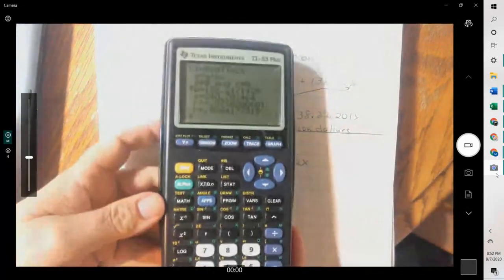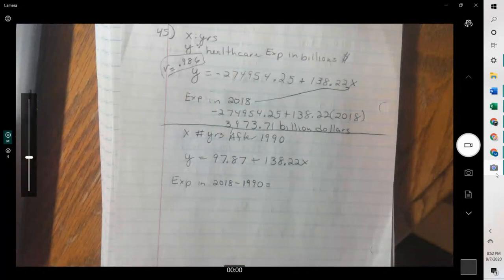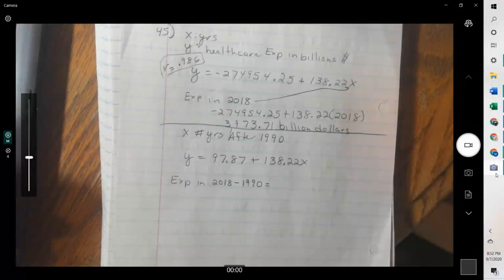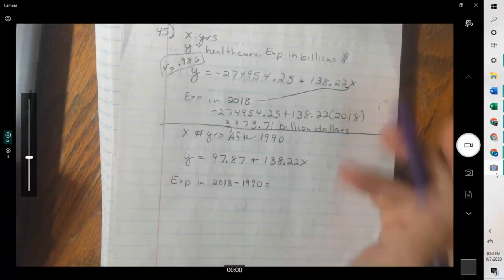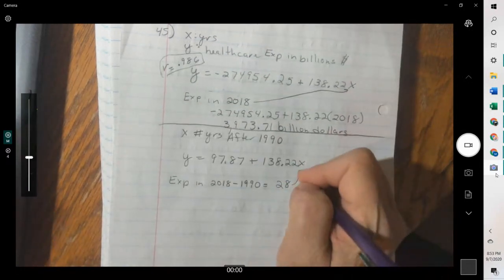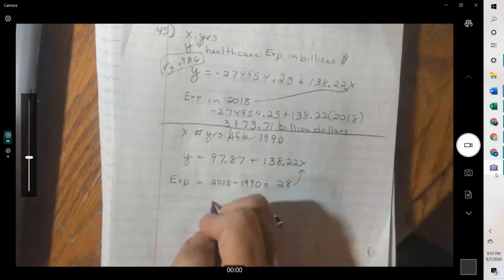Notice the answer is exactly the same. We would plug 28 in because we want the years after 1990.